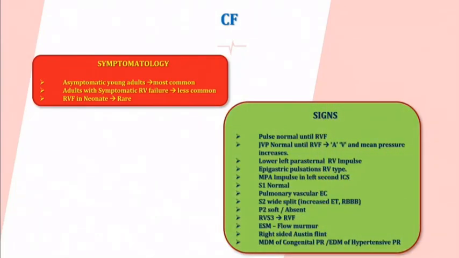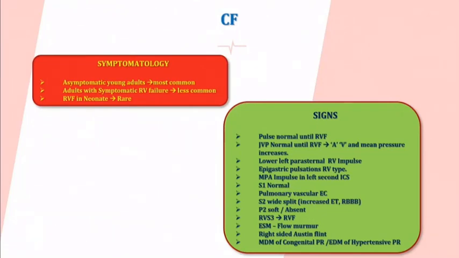The signs would be that pulse and JVP are expected to be normal until right heart failure ensues. The second heart sound is wide split, secondary to increased RV ejection time and right bundle branch block.